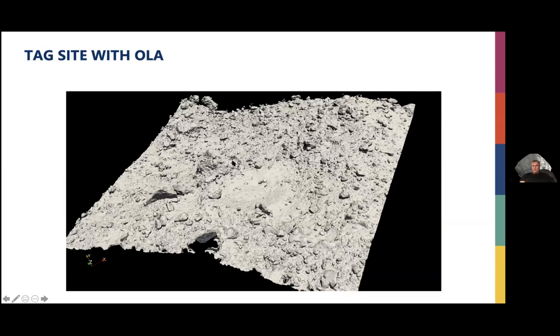That's been affectionately called Mount Doom because we needed to keep the spacecraft away from that. But this is all OLA data, so it gives you an idea of how important it was to have this data to assess the smoothness of the sampling site.